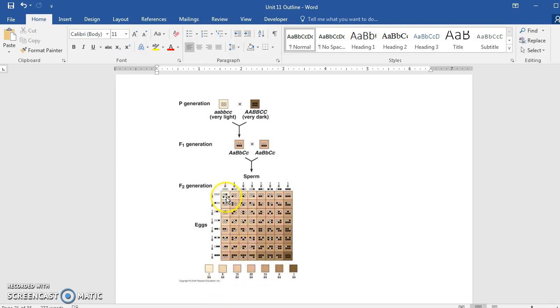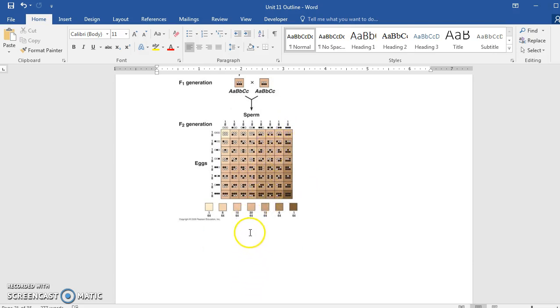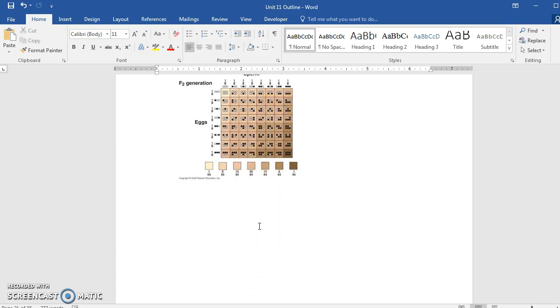The homozygous recessive for all 3 traits, relatively rare, 1 in 64, and the very, very dark homozygous dominant, big double A, big double B, big double C, that's 1 in 64. And then the range in the middle, much more common in the ratios and the fractions that you see.